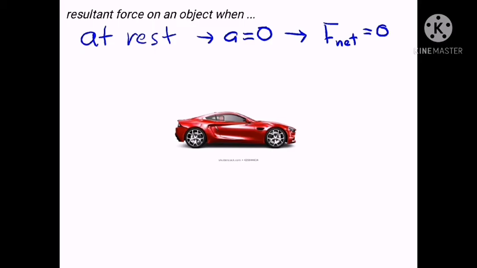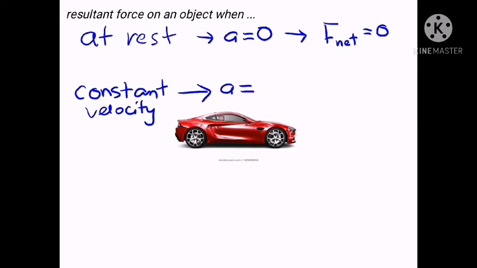Now, what about if the car is moving, but with a constant velocity? If it is moving with a constant velocity, what can we say about the acceleration, class? Acceleration is also 0. So, what can we say about my resultant force? Also 0. Very good. Now, let's try the last example.